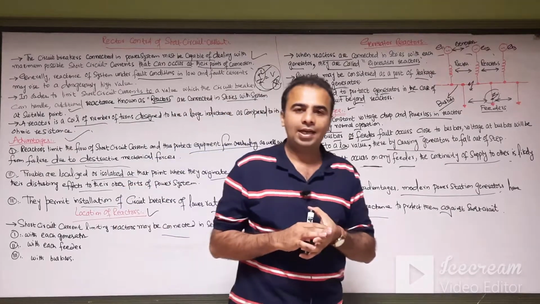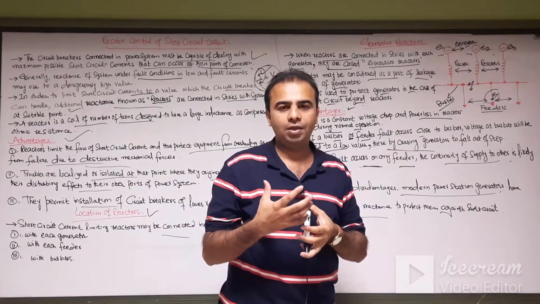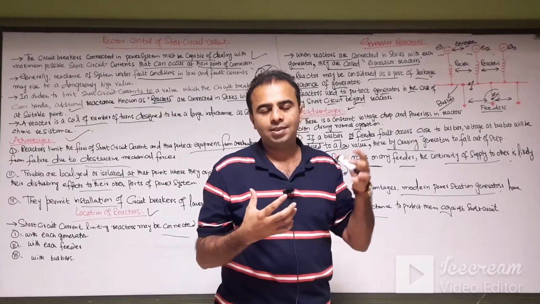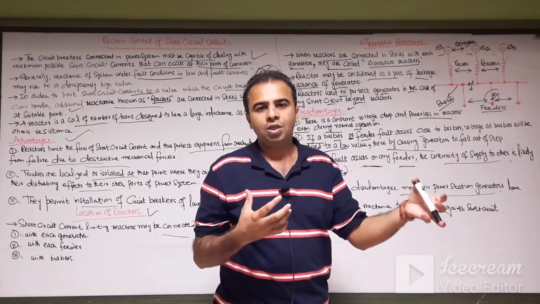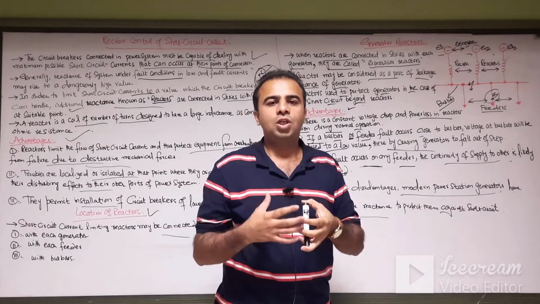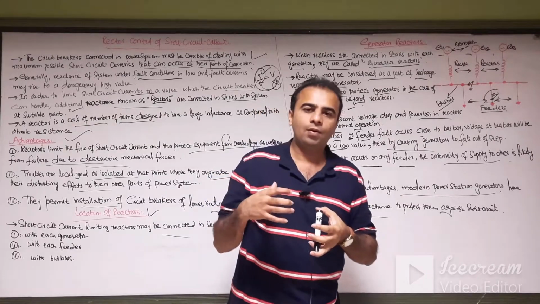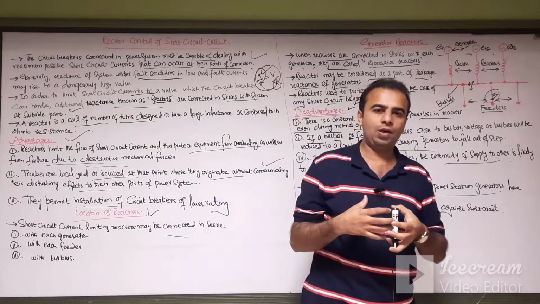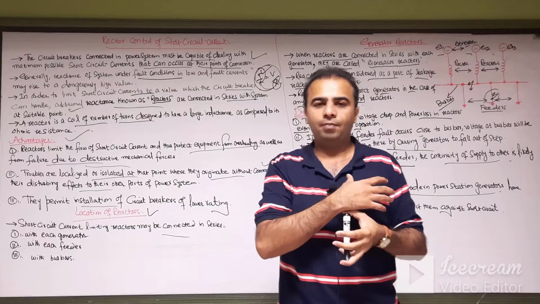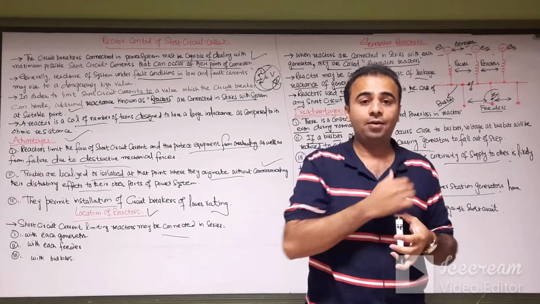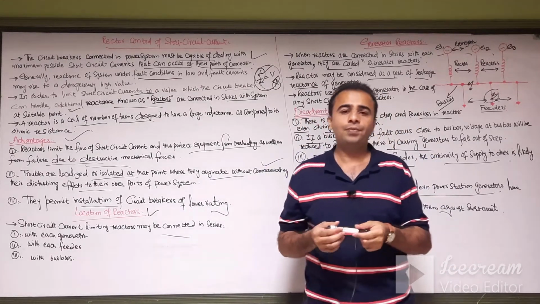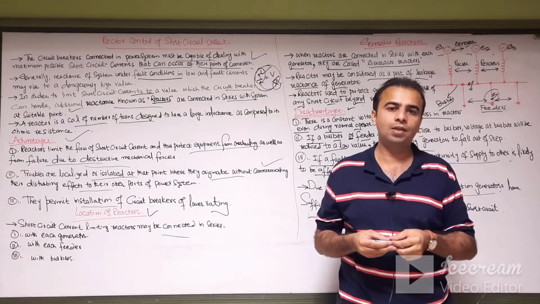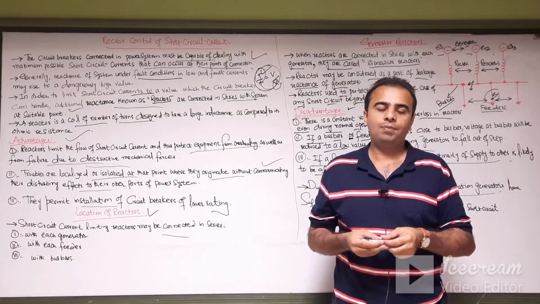If we connect these reactors in series with the particular generator, we can limit the short circuit currents produced due to a fault which may occur on the machine side.